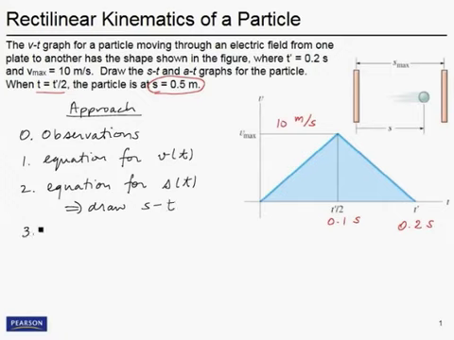The third thing we're going to do is take that velocity equation from step 1 and derive an equation for the acceleration as a function of time, and from that equation we are going to draw the AT graph. Okay, so we've got 4 steps here. The first one is an important one. It's observations. That's what we're going to do next.